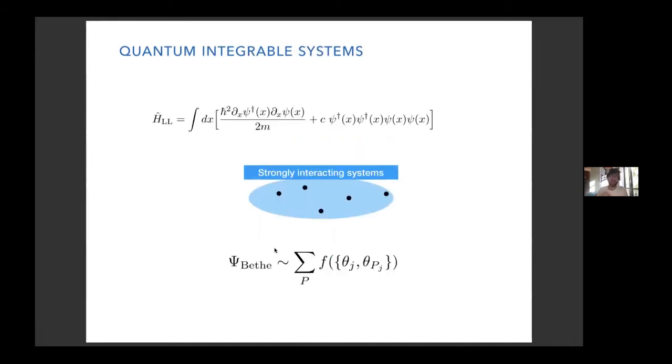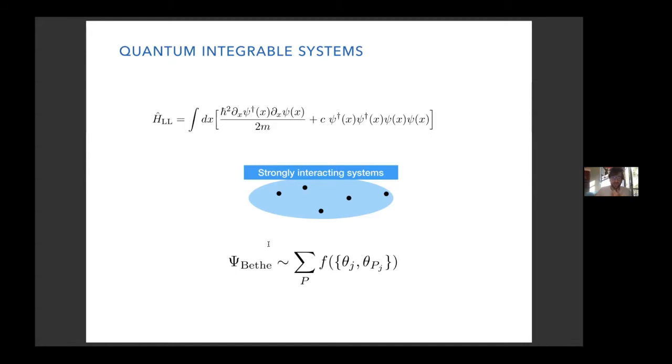Indeed, there is a class of many-body systems, mostly in 1+1 dimension, that are called integrable models. There are also classical integrable systems. Quantum ones are just their generalization. An example is the well-known Lieb-Liniger model.